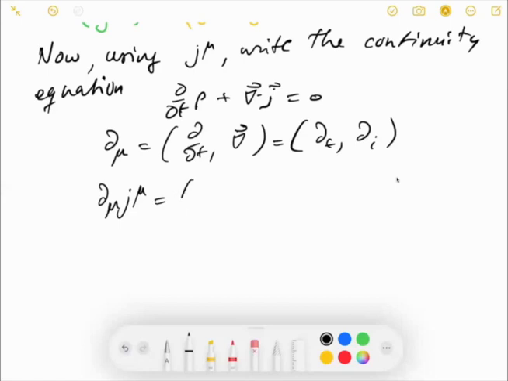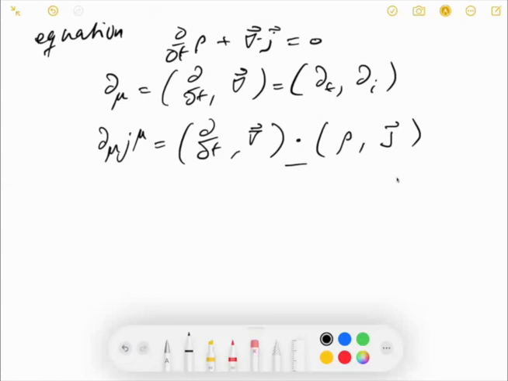Because you get a d/dt and a gradient dotted. So this is a 4 dot product, with this being rho and this being j. So that means you'll get d/dt of rho plus the divergence of j being 0.